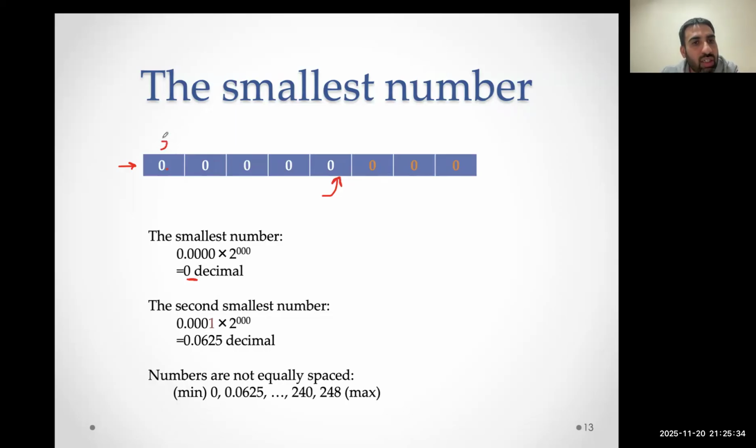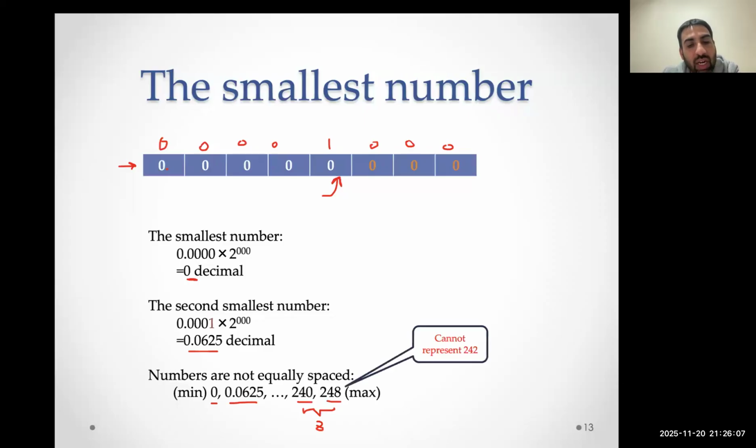So when you have the binary of 00010000, you get the second smallest number, which is 0.0625. So the smallest number is 0, the second smallest is 0.0625, the maximum number is 248, and the second maximum is 240. Now the spacing is not the same. The difference between 240 and 248 is 8, while the difference between the minimum and the second minimum is 0.0625, right?